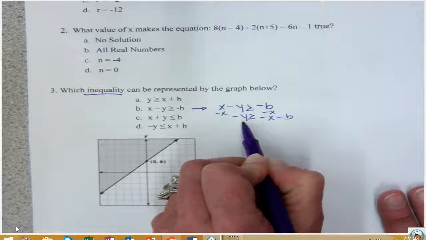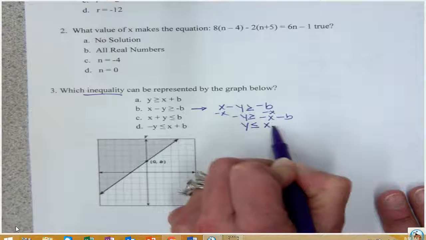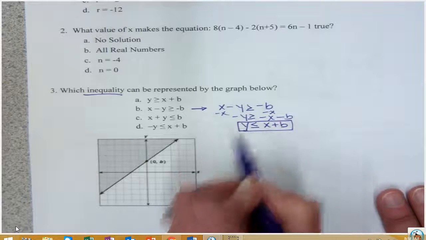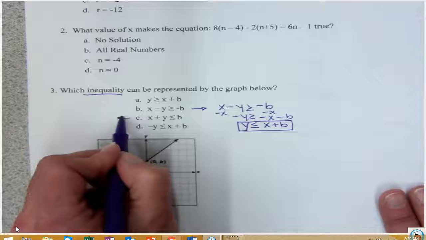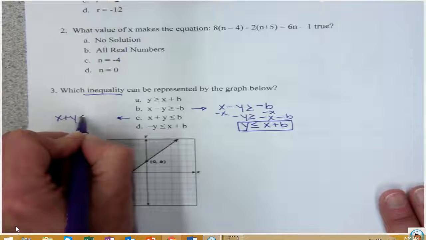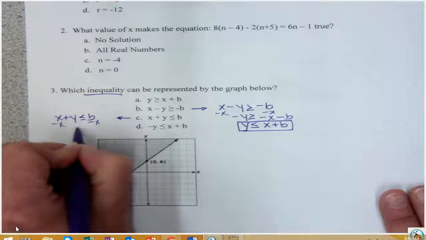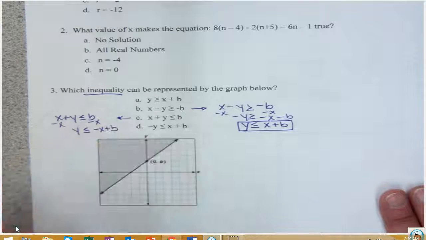Then I've got to divide by negative 1, and when I divide by negative 1, my sign changes. So I'm left with y is less than number c. I'm going to move my x, minus x minus x, y is greater than or equal to minus x plus b.